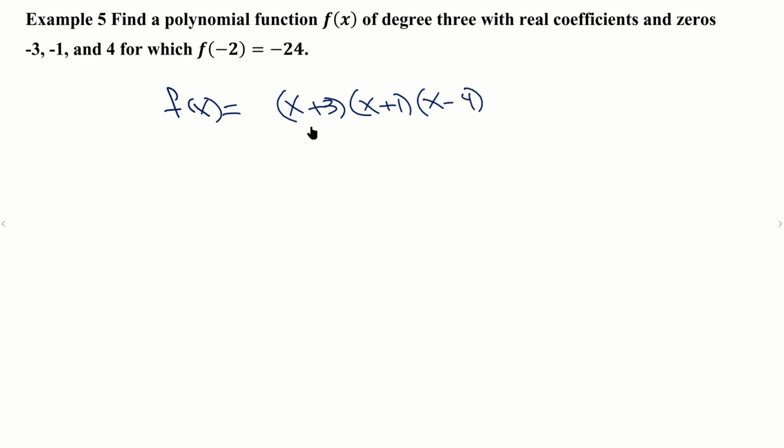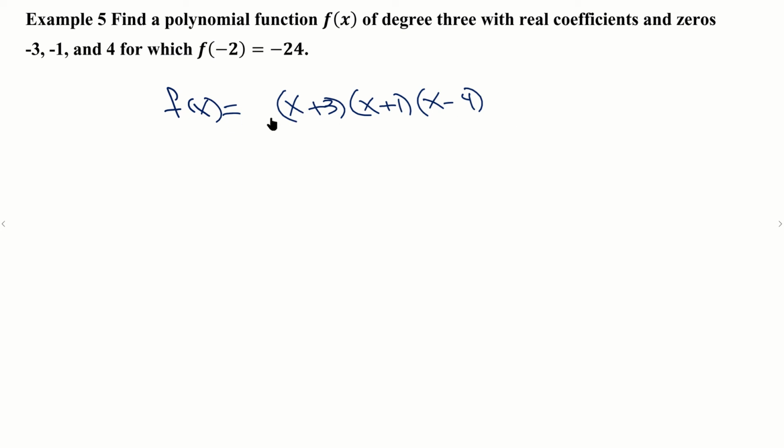Notice if I look at just that polynomial, it's going to have these zeros. Imagine putting this equal to 0. Each one of these will end up being a solution of that equation, and of course each of them will also be called a zero of the polynomial. But this is not the only polynomial that's going to have these zeros.